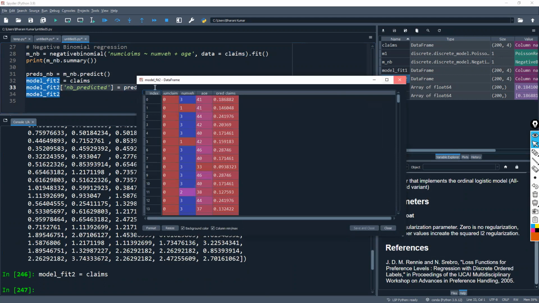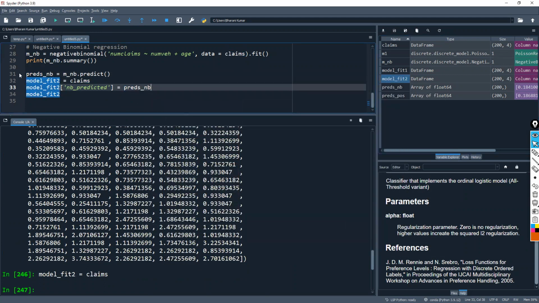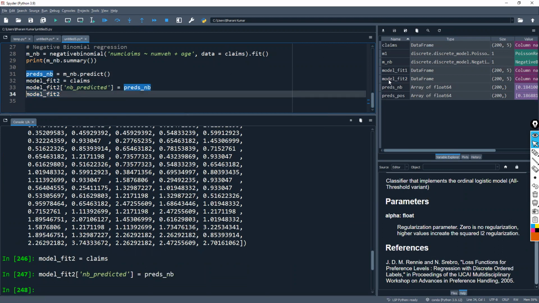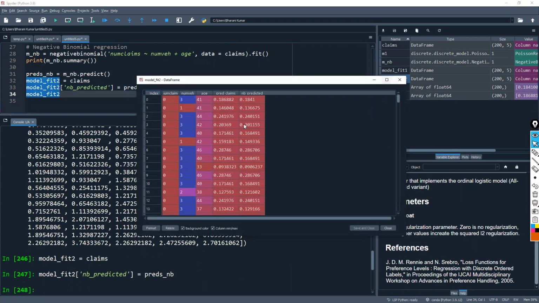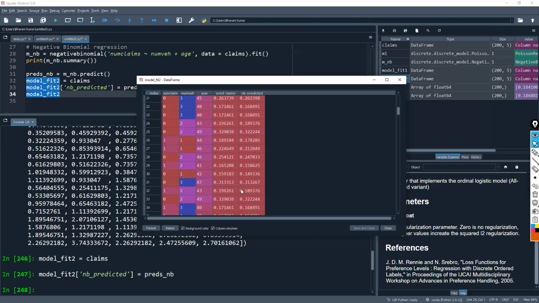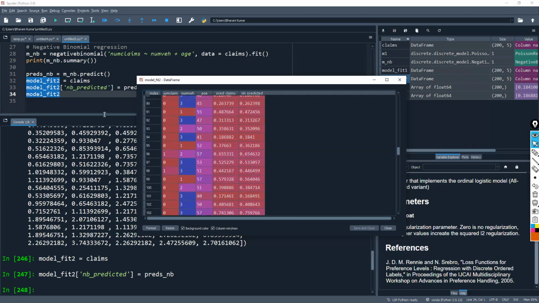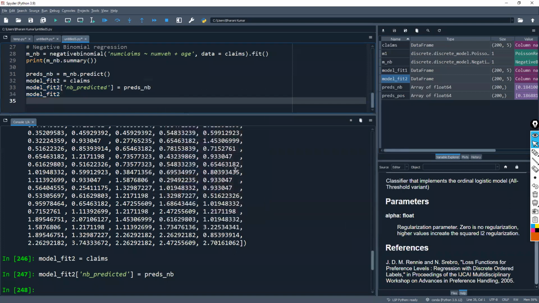And here you're taking all the predicted negative binomial values and loading it into another column called NV_predicted. And there we go. So the Poisson and negative binomial regression prediction values are more or less the same, if you observe. So that also gives us confidence that the model is working well.